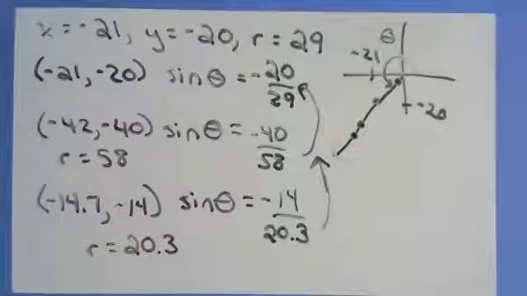Those will all be the same. That's an important thing to recognize. And some of the homework problems have you find different points on that terminal side. You need to recognize any points, as long as they fall on that terminal side, will give you the same ratios.